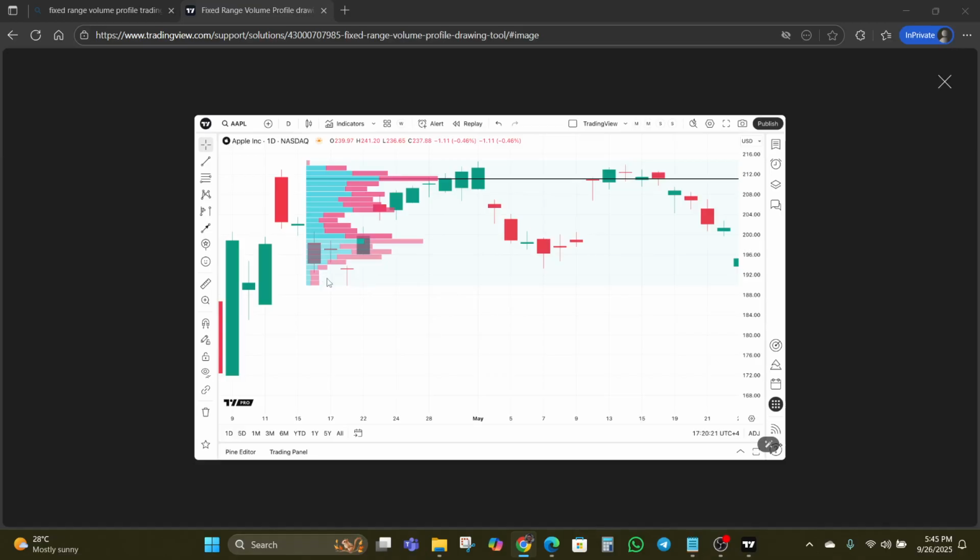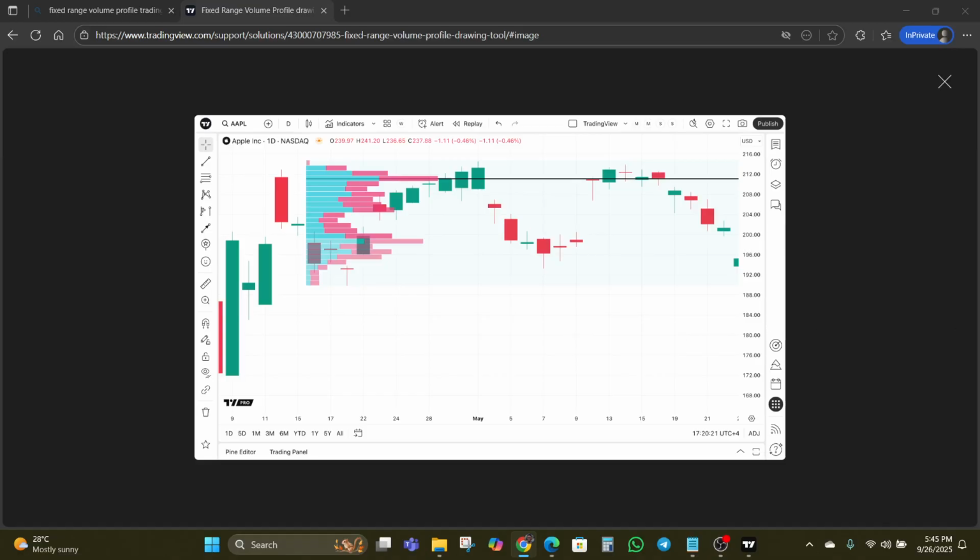Where the low volume nodes are, you might see price move swiftly through those levels, while the high volume nodes are areas where price may find it difficult to pass through. Breakouts may easily happen around low volume nodes. By recognizing both the high volume nodes and the low volume nodes, traders can plan their entries and exits more effectively.